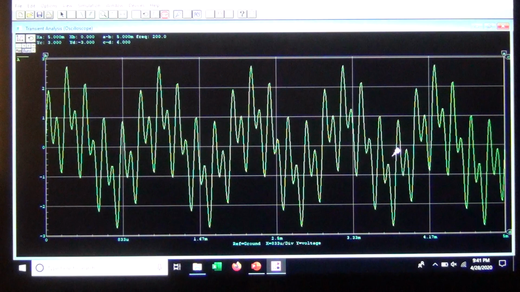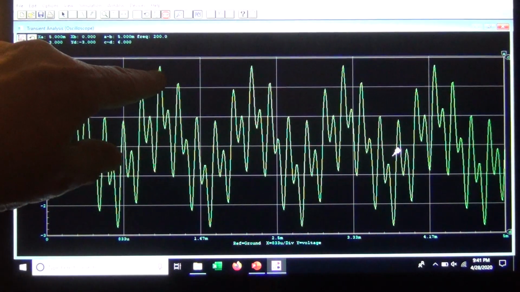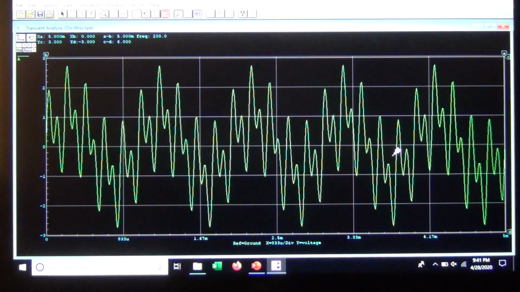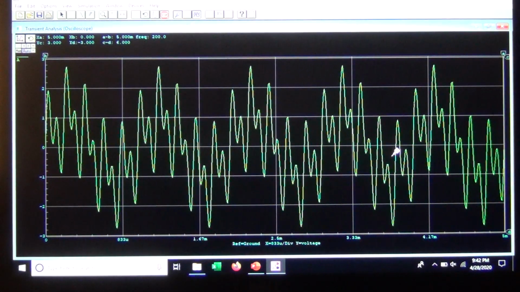A trained eye can point out that from here to here looks like one of the frequencies, from here to here looks like another, and who knows? It's very difficult to ascertain what frequencies are really in the signal. If I have voice or music, there are many more frequencies, and hence it's very difficult to ascertain what frequencies are in the signal.